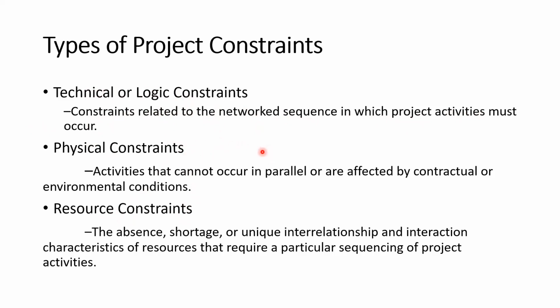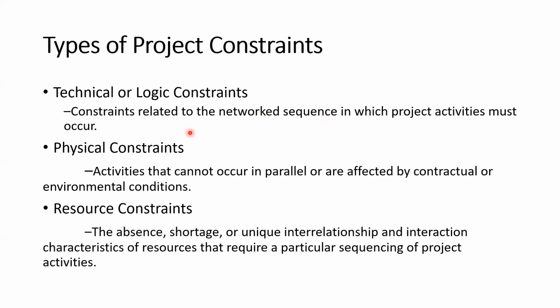If we have preceding activities, we have to complete that preceding activity before starting the other activity. That sequence needs to be followed, and that can be called a technical or logical constraint.